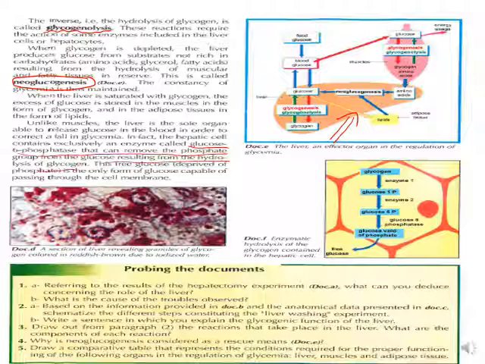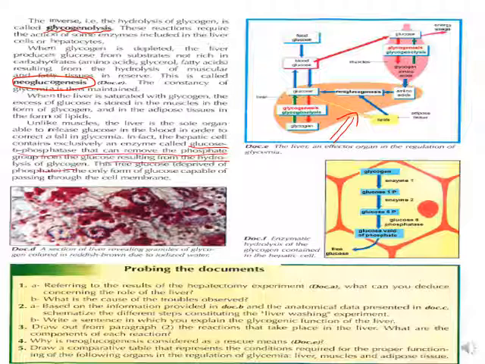So number 1, referring to the results of the hepatectomy experiment, document A. What can you deduce concerning the role of the liver? We said that the liver is an organ that produces glucose and maintains a constant glycemia level. What is the cause of the troubles obtained? Low glucose, hypoglycemia, that causes coma, may result from the deficiency of glucose at the level of the cerebrum. Number 2, based on the information provided in document B and the anatomical data presented in document C, schematize the different steps.